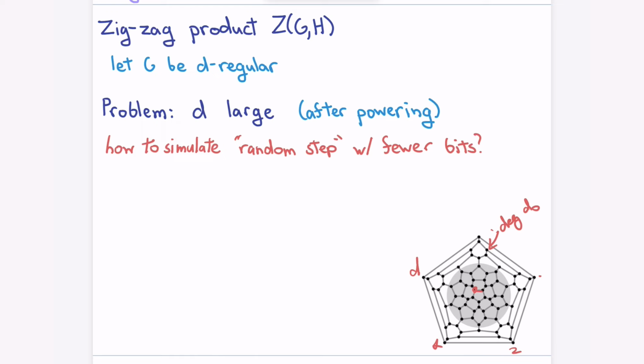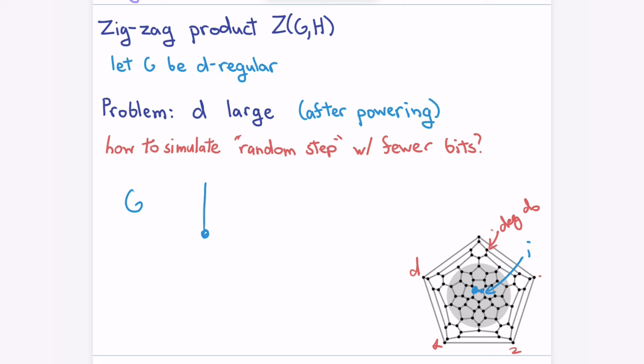So you're at some vertex in G, right? So you're at this vertex, which corresponds to this choice. Let's just say you're there in the graph. And you pick a random vertex here, right? And this is some index I out of D, vertex I in the expander graph.